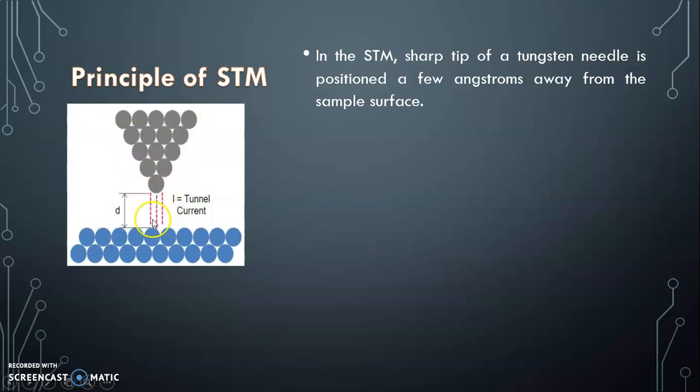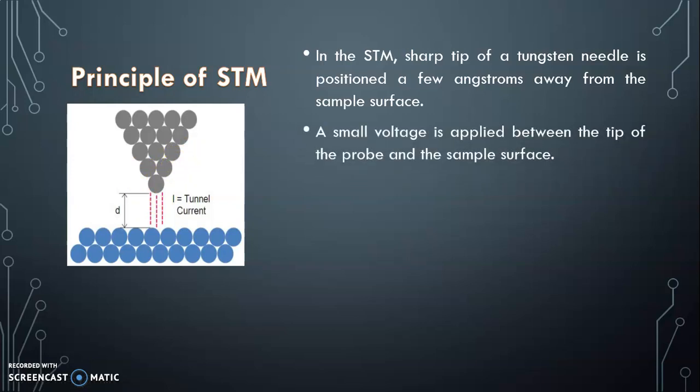So here, this is a sample and this is a tip. So according to the principle, the sharp tip of the tungsten needle is positioned some distance away. Means it forms some gap between the sample and this tip.